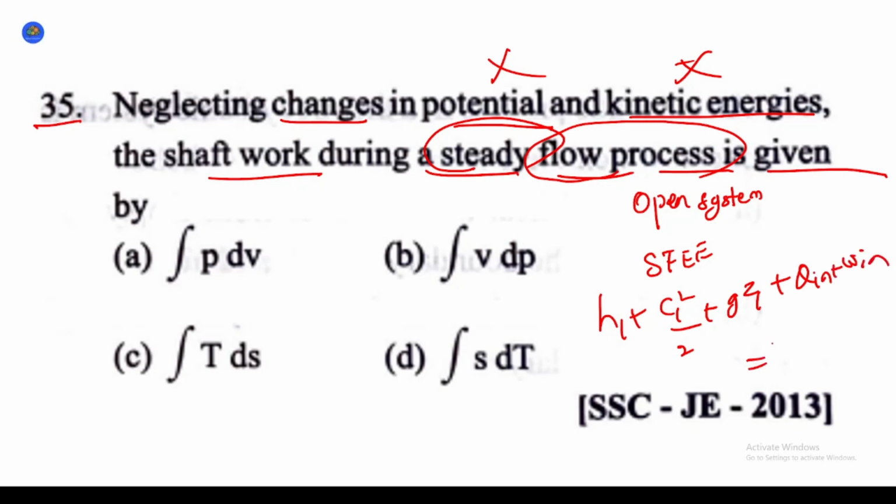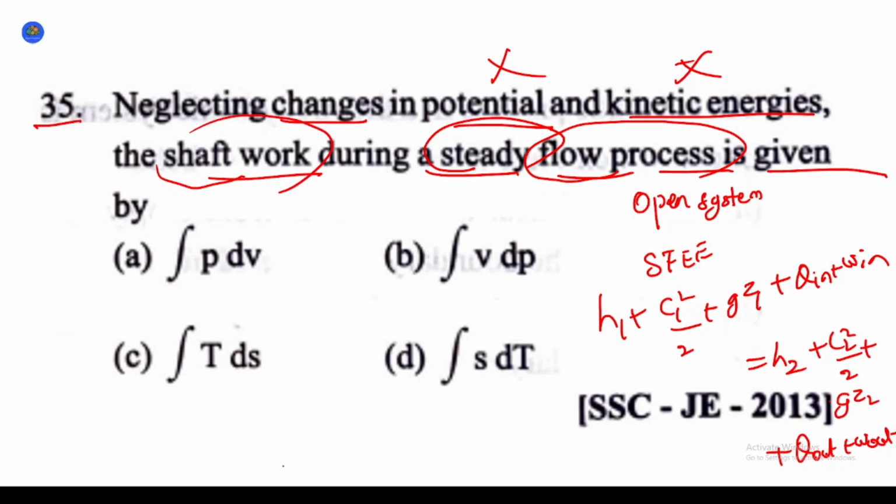Similarly, for the second state, you will have H2 plus C2 square by 2 plus g Z2 plus Q out plus W out. These are all the different possibilities applicable for any flow process, right? They are asking you to find an expression for shaft work during the steady flow process.